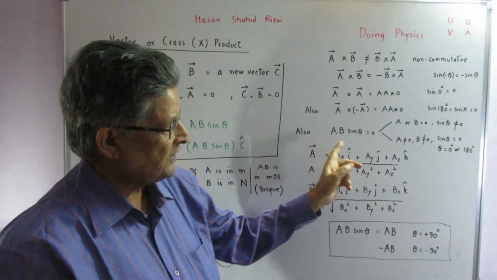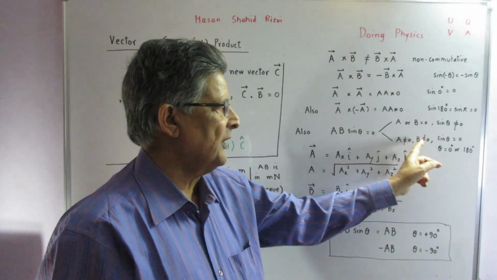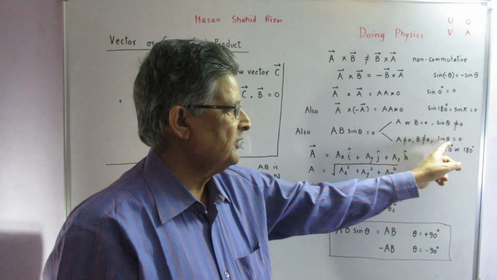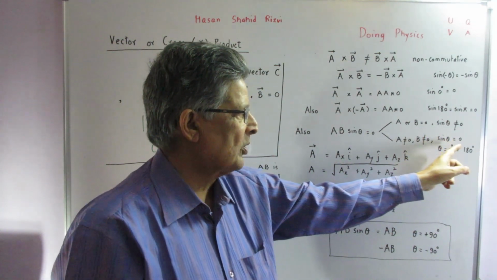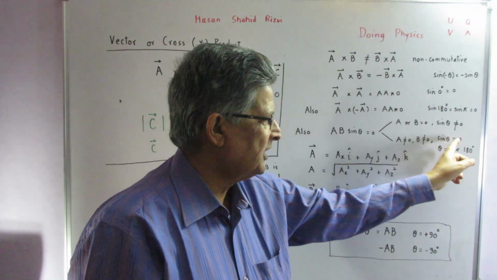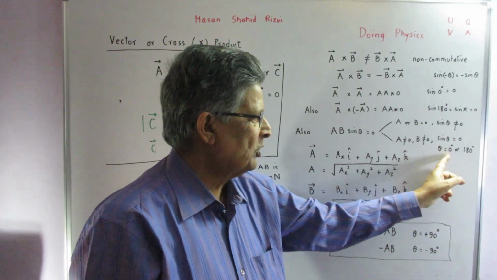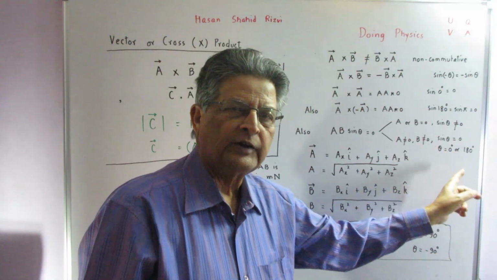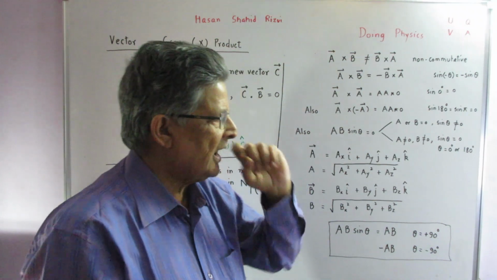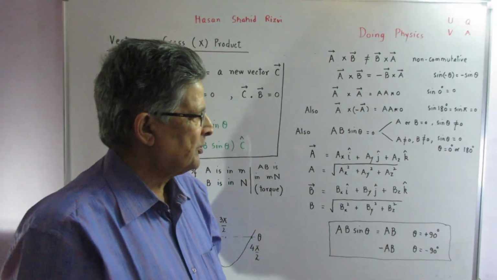In the second instance, A is not equal to 0, it is finite, B is not equal to 0, it is finite, but the angle between the two of them is such that sine theta is equal to 0. The angle between the two of them is 0 degrees or 180 degrees, so either they are in the same direction or in the opposite direction.